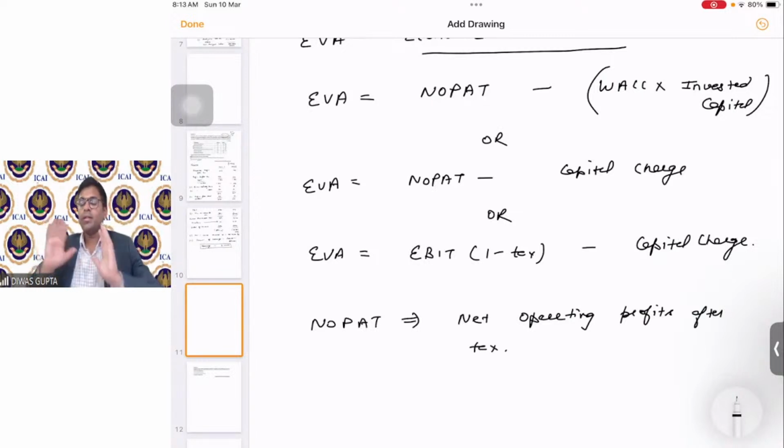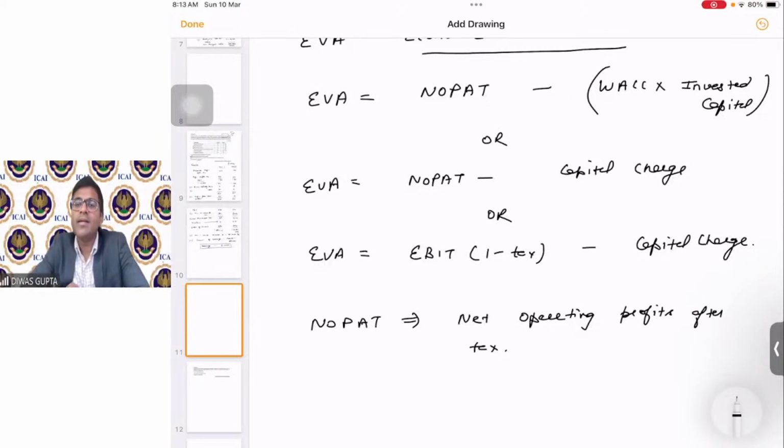So students, if you see, I have invested, let's say, 1 crore rupees in a particular business. Now, basis my expectation, which is the weighted average cost of capital, as I told you, WACC is the expectation from the investor side. So basis my expectation, my WACC on this 1 crore rupees is how much? Let's say 15%.